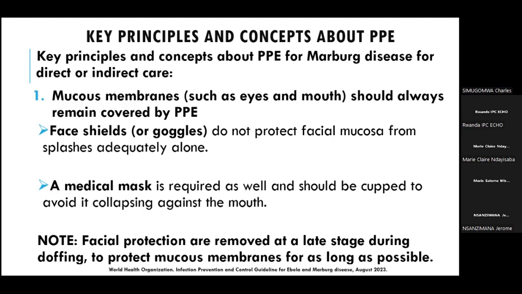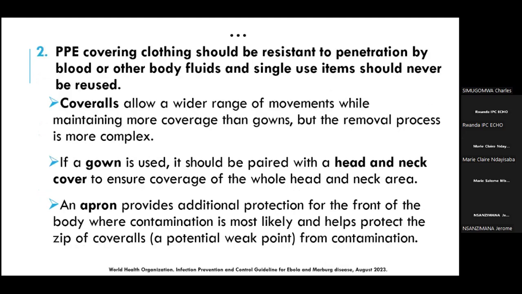Facial protection is the last to be removed during the doffing procedure so that the mucous membranes are protected during the whole process of doffing. PPEs covering clothes should be put on after putting on scrubs, medical scrubs.